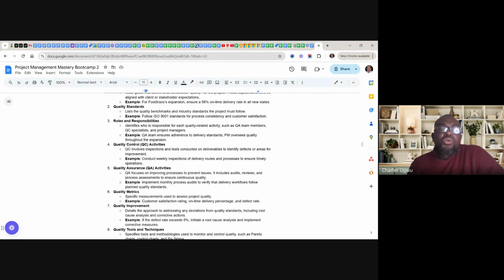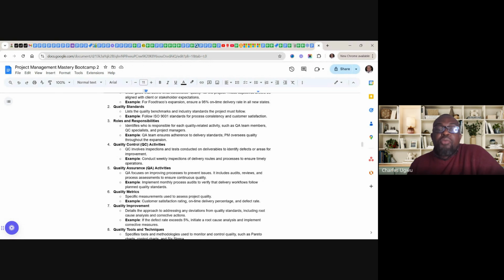Then let's look at quality assurance activities. Quality assurance activities focus on improving processes to prevent issues. It includes audit, review, and process assessment to ensure continuous quality.